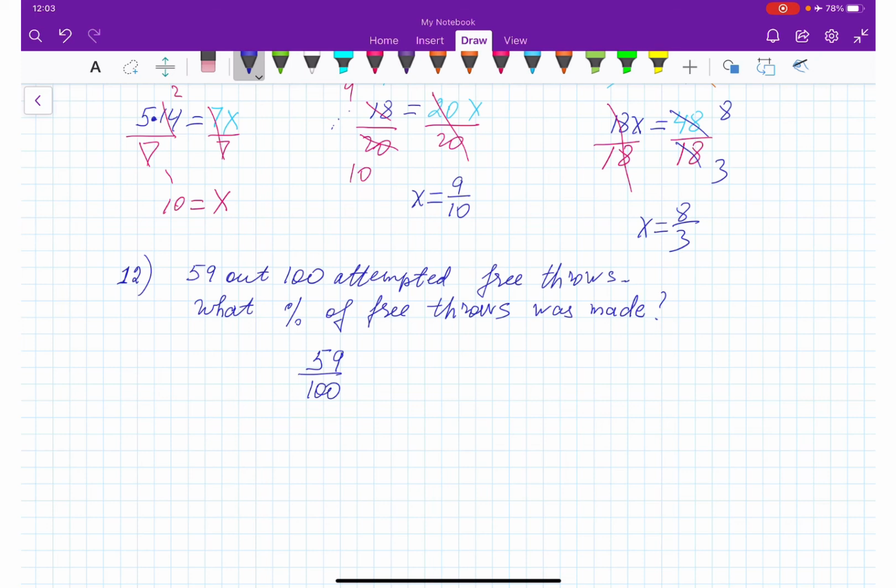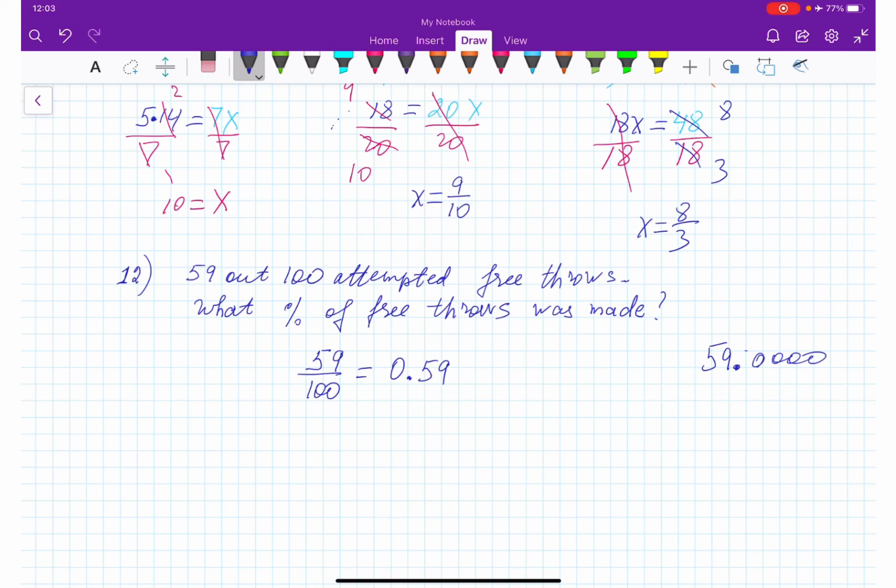Right? This is going to be 0.59 in the decimal notation, yes? 0.59. Real quick, I have 59. My decimal point is right here, right? After that, I can put as many zeros as I want. It doesn't matter. So when I divide by 100, I have two zeros.